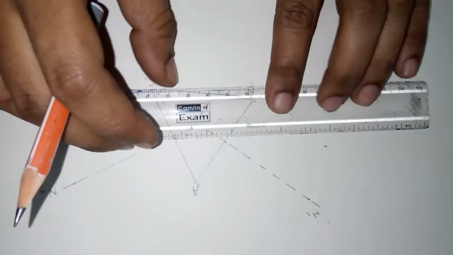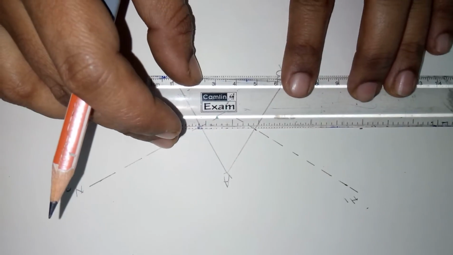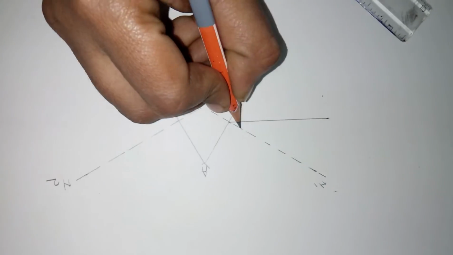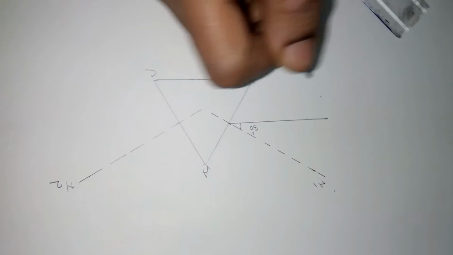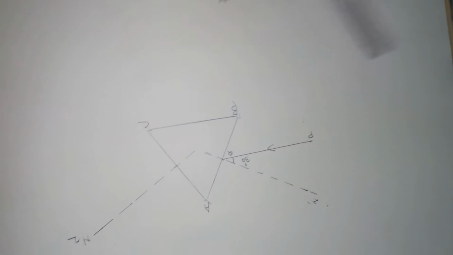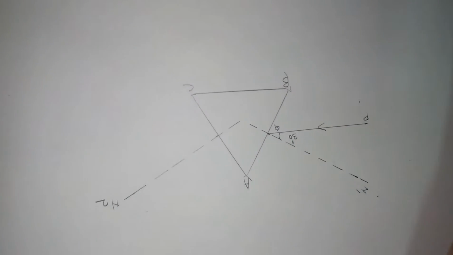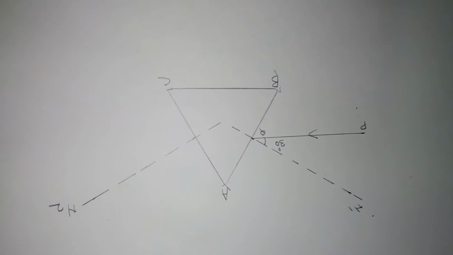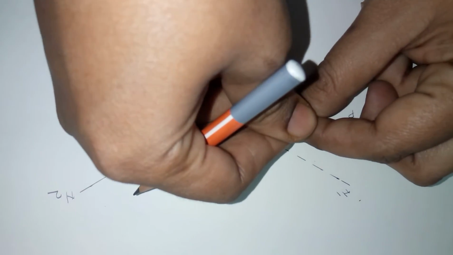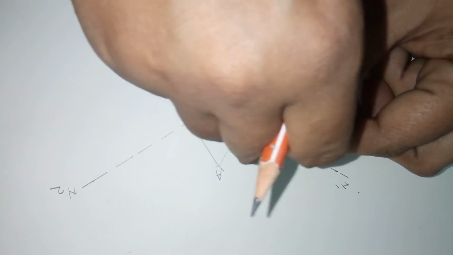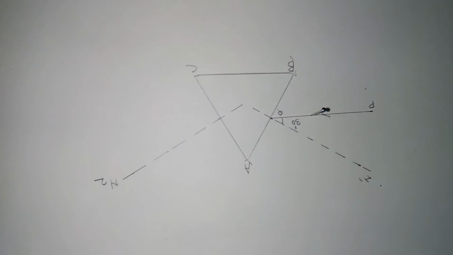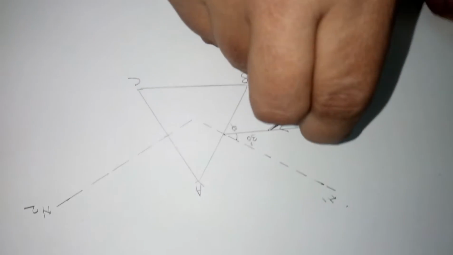Then join this point. This is angle 30 degree. Suppose this is PQ. Then on this line fix the paper pins. Here this first pin is fixed, and here this is the second pin.